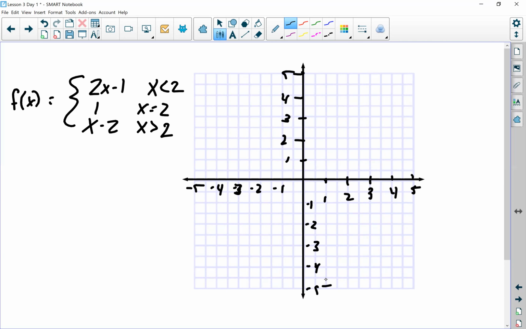So the function is 2x minus 1 if x is less than 2. So what I'm going to do is start with, well, at 2, this has that value of 3. But it's not defined there, so I'm going to use an open circle. And then I can graph the line. It's going to look something like that.